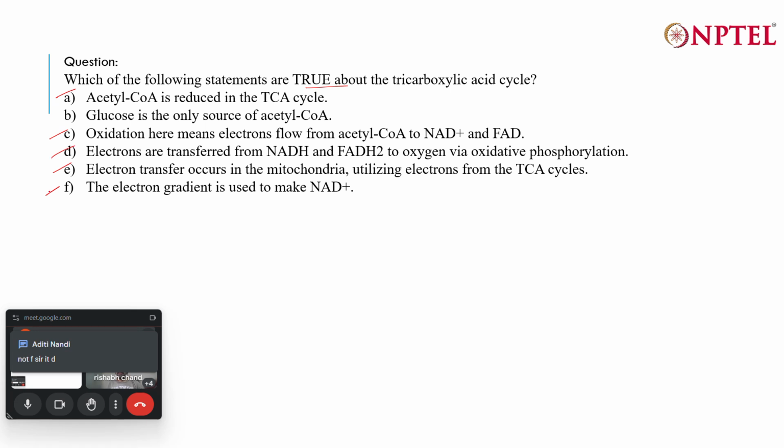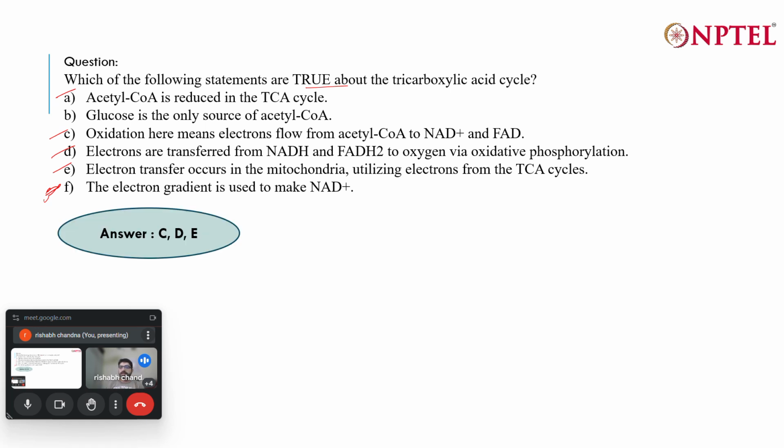Okay, this is not correct. Okay, so the correct answer is C, D, and E.